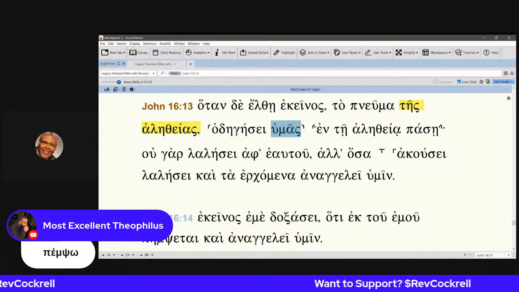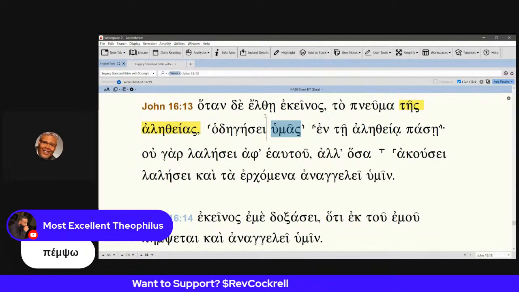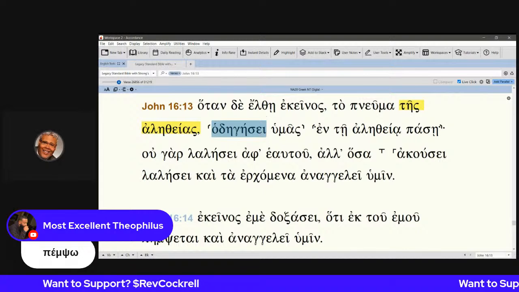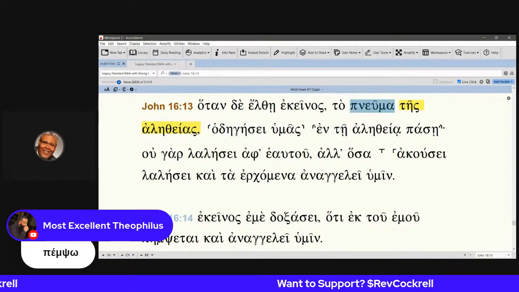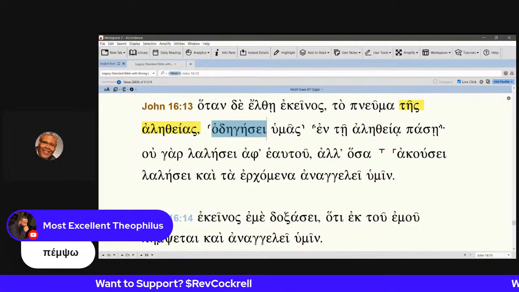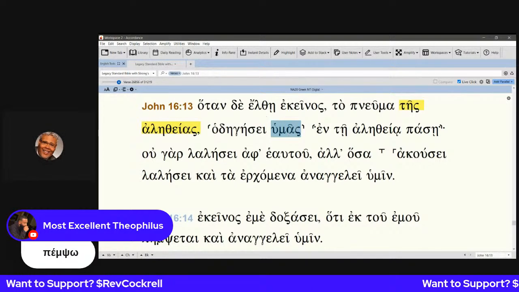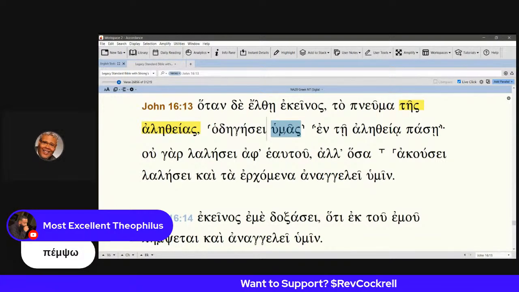Humas, you plural. He will guide you. And so notice the ending, third person, singular, he, she, or it. So the Spirit of truth, he will guide you. Accusative.